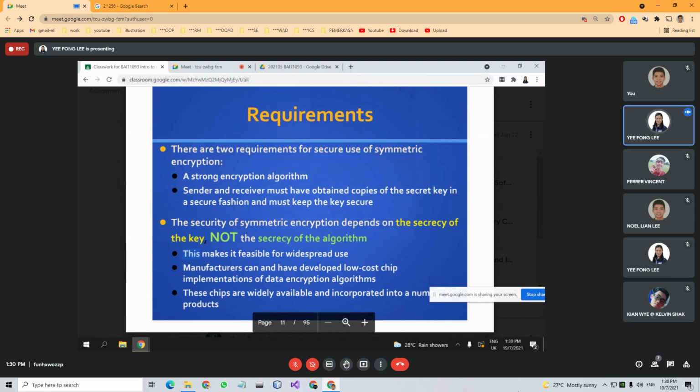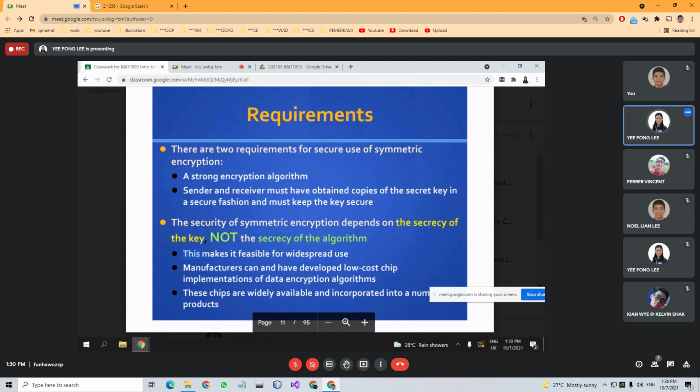It's a complicated algorithm where, even though they have access, they are unable to figure out the exact content of the ciphertext. Okay. Sender and receiver must have obtained a copy of the secret key in a secure fashion and must keep the key secure. Of course, comparing the algorithm and the key, the most important is the key.